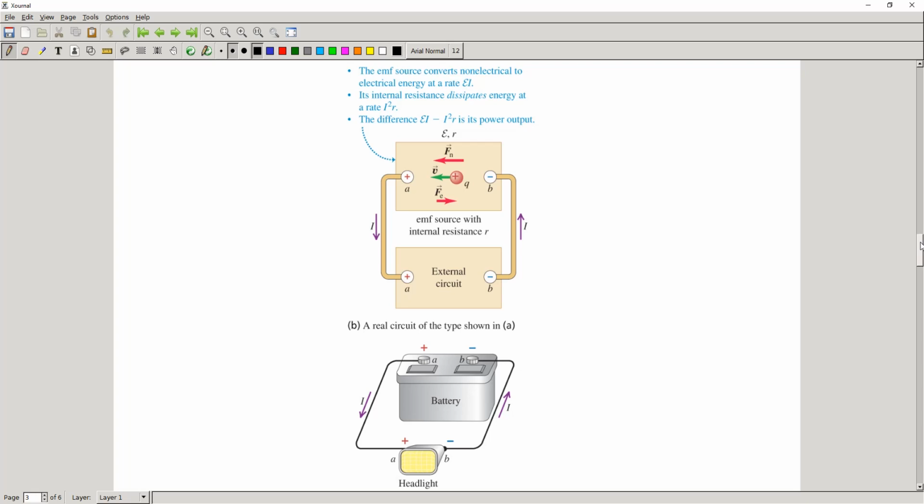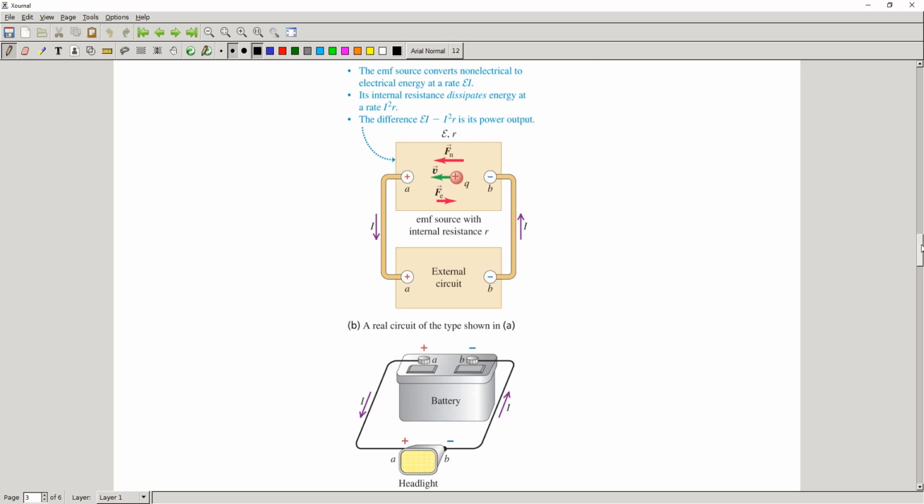Okay, so this is our source up here, and then we can think of connecting our source with some resistance-less wires here to some sort of an external circuit. We have a current that's set up, and something is happening in that external circuit, right?